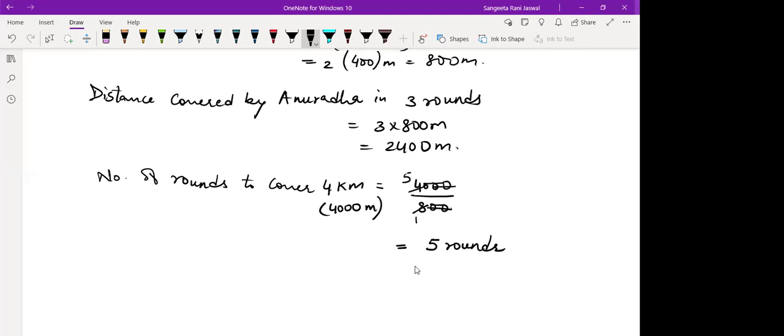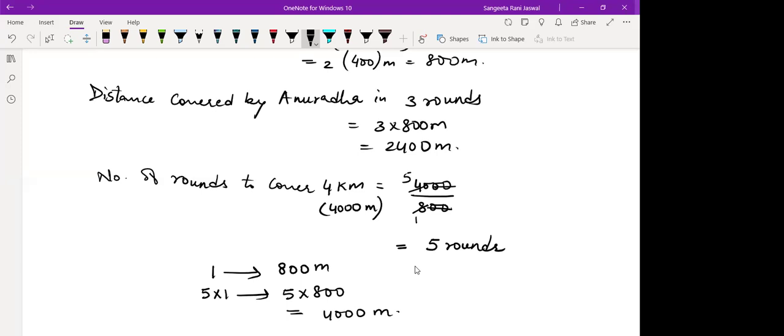How? See, in 1 round, she is covering 800 meters. In 5 rounds, she will cover how many meters? 5 into 800. That will be 4,000 meters. So this is what we have done.